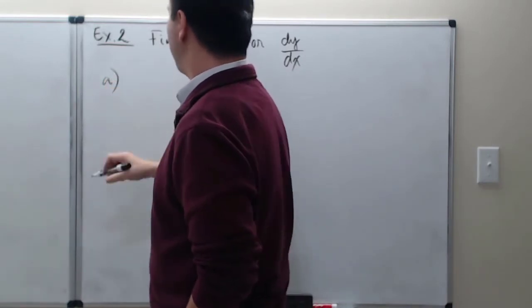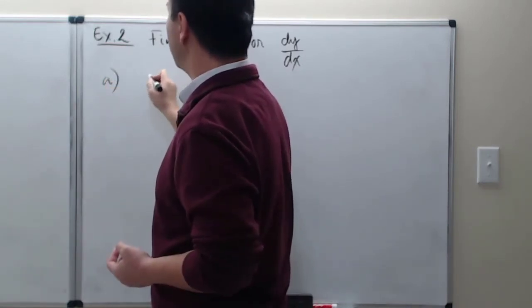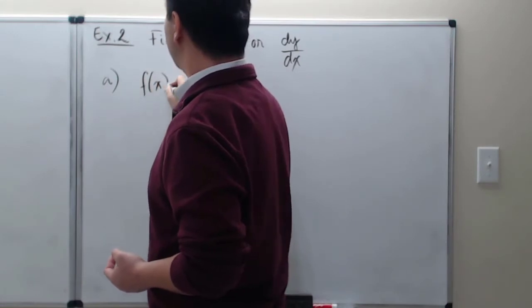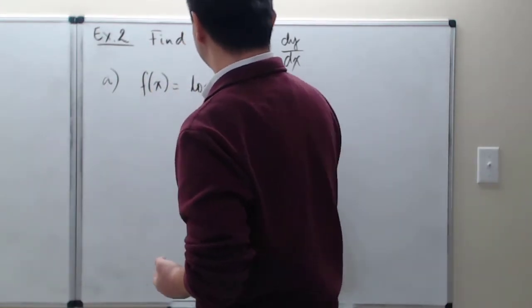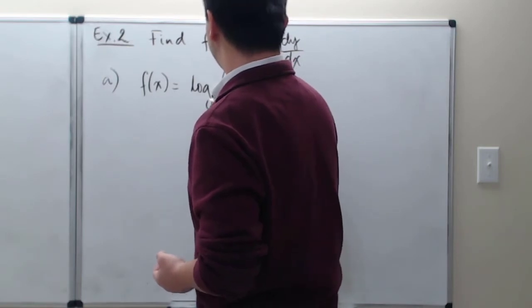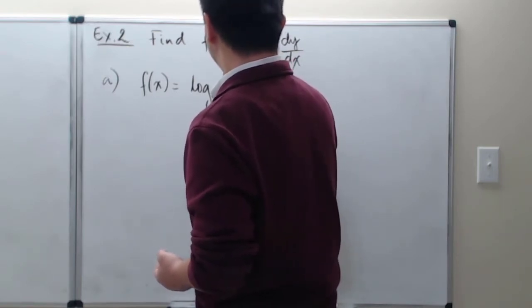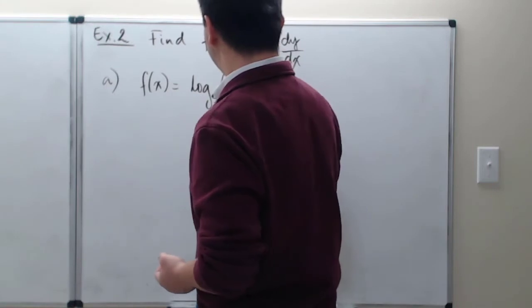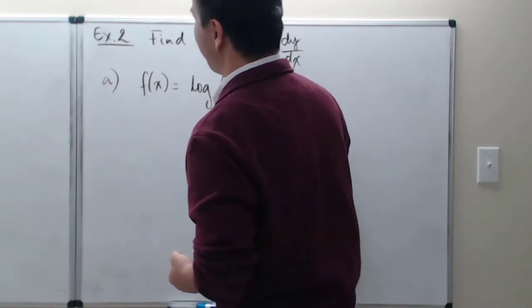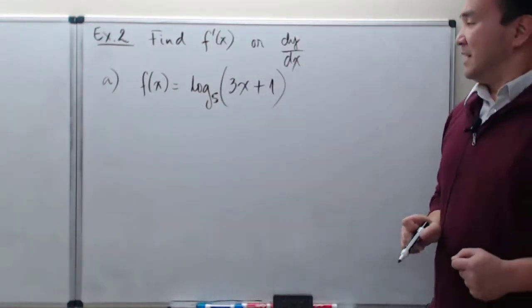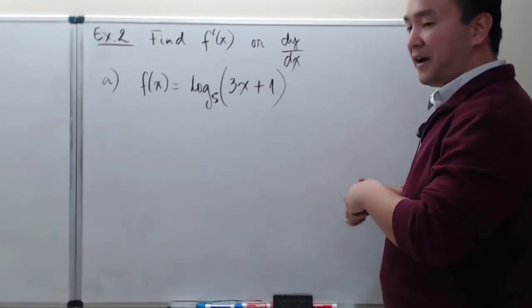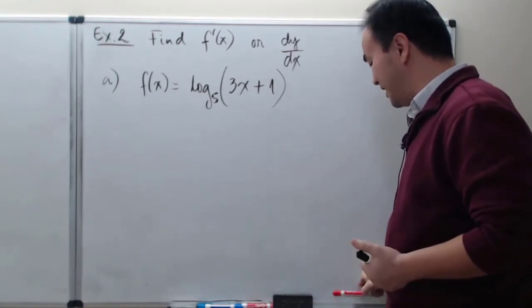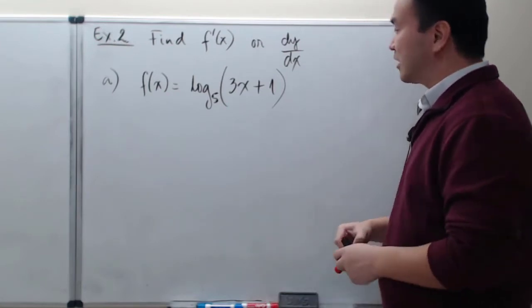Question A. Our function here is f of x equals log base 5 of 3x plus 1. Before we really get into finding the derivative, we need to observe the function a little more closely.